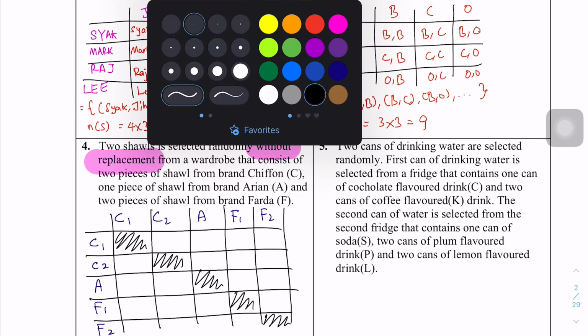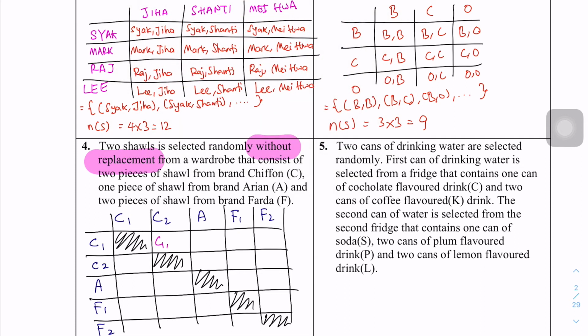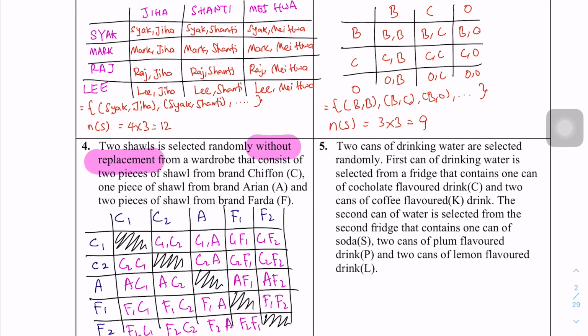So what is the outcome? So we have C1C2, C1A, C1F1, C1F2, and then C2C1, C2A, C2F1, C2F2, AC1, AC2, AF1, AF2, F1C1, F1C2, F1A, F1F2, F2C1, F2C2, F2A, F2F1.